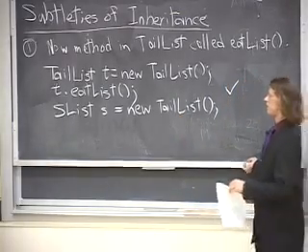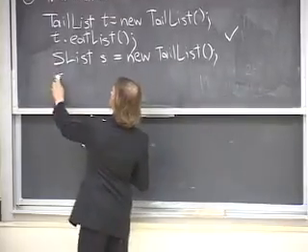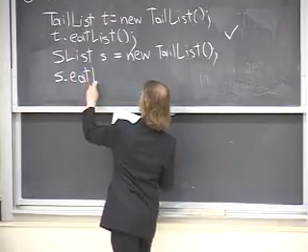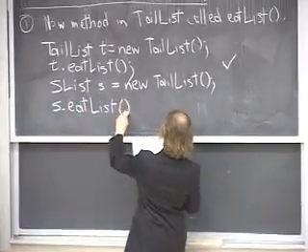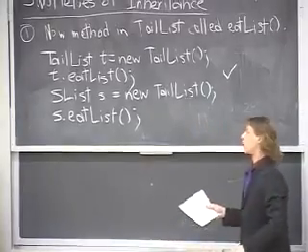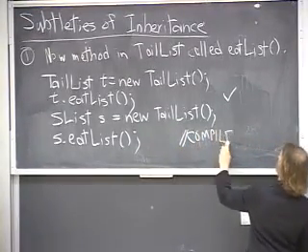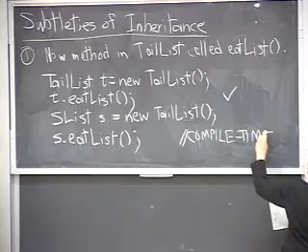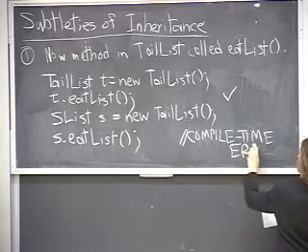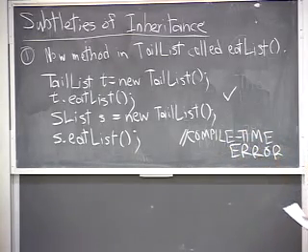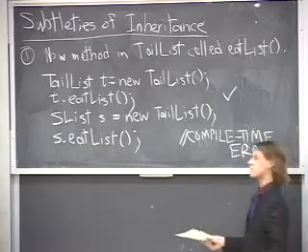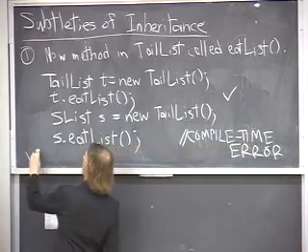We should be able to call eatList on it, right? So let's try it, s.eatList. And this does not work. The compiler throws a hissy fit. And so why? Why doesn't this compile?